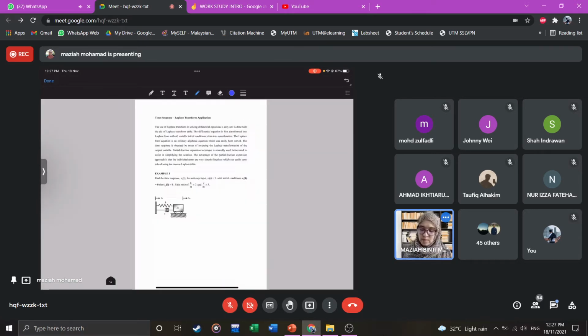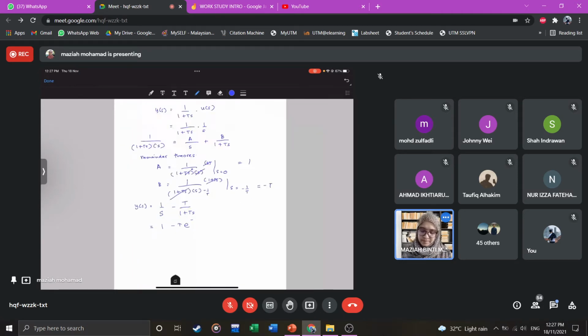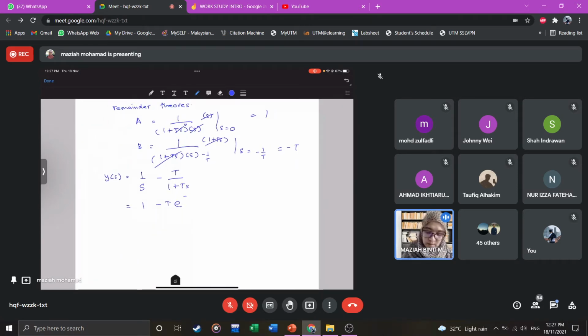So by replacing there, after you inverse, you get... Shouldn't it have been t, not 1? It was 1 before, but we must write it in the same form as in the table. In the table, for exponent negative alpha t, it is 1 over s plus something. So we must write it in the same form.